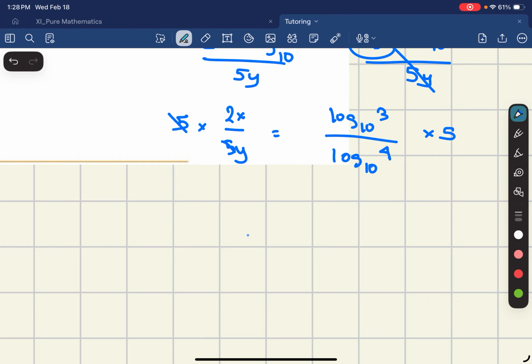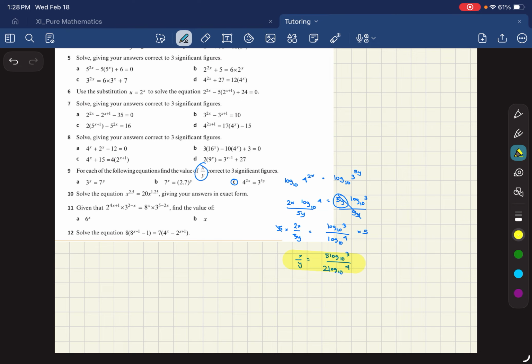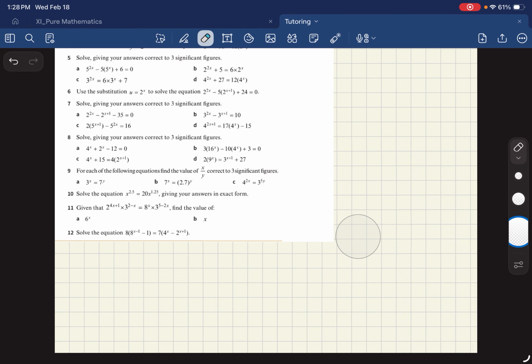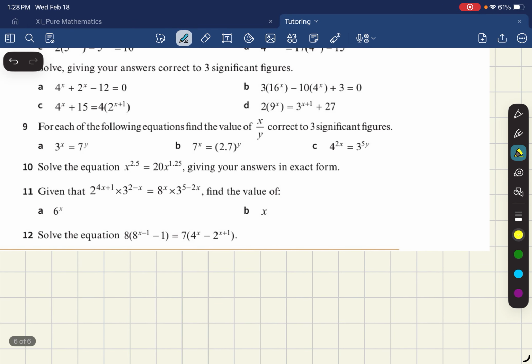These things cancel out. So I get 2x by y is equal to 5 log base 10 3 over log base 10 4. And I can divide by 2 on both sides. So I get this expression. So these are the same question, that same thing we've been doing, but now it just involves one extra variable. It involves two variables when we had been working with one, but it's essentially the same thing.